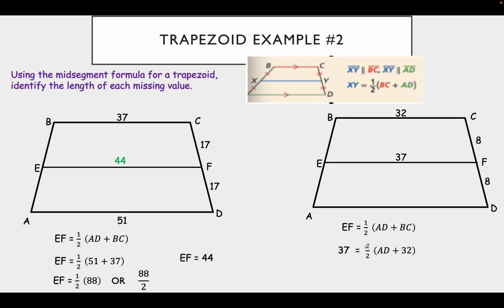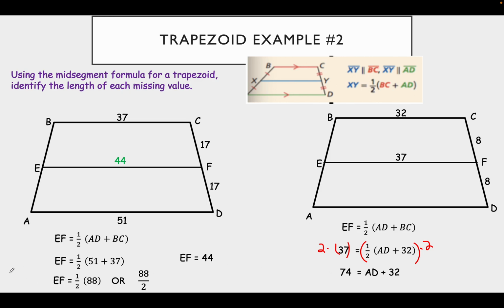So in order to get rid of the fraction, what I like to do is if I have 1/2 as my fraction, I multiply by the denominator. So if I multiply this side by 2, and I multiply 37 times 2, I'm basically multiplying everything by 2.